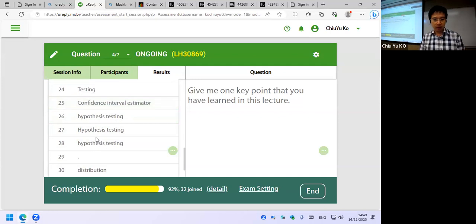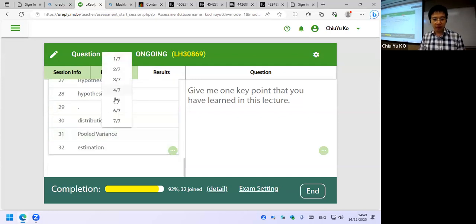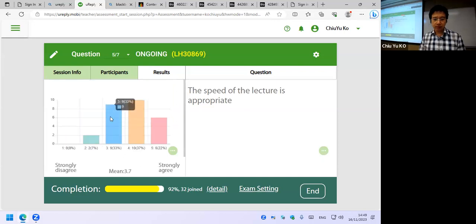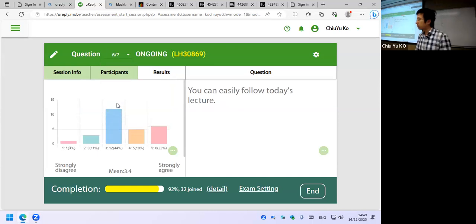Okay, hopefully the speed is a little bit okay. I'm sure it's not easy to follow, because when I learned this, I found it very confusing. I only learned it because I went home and did some exercises. So it's not that easy.